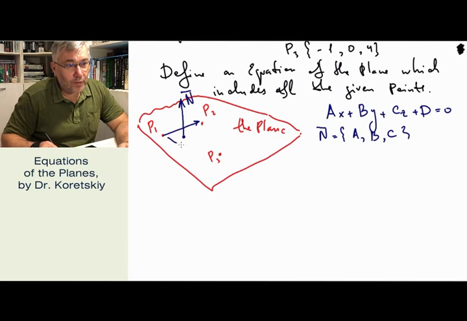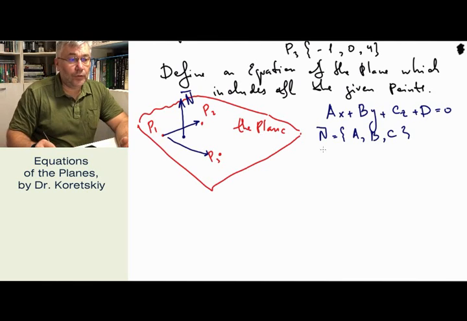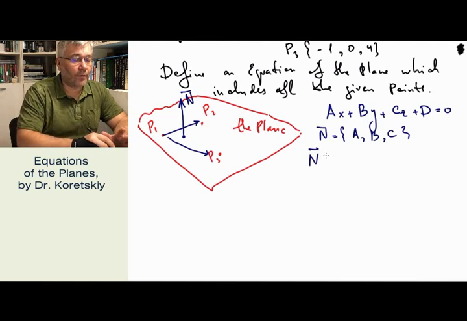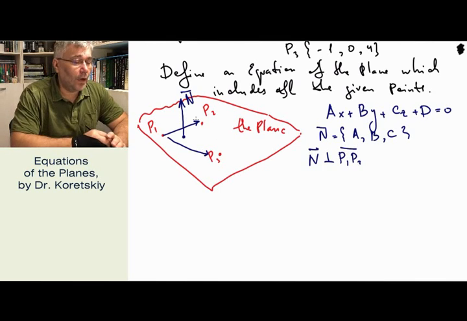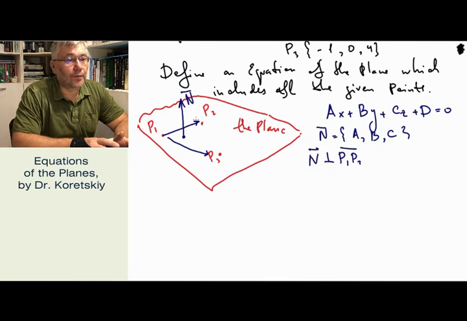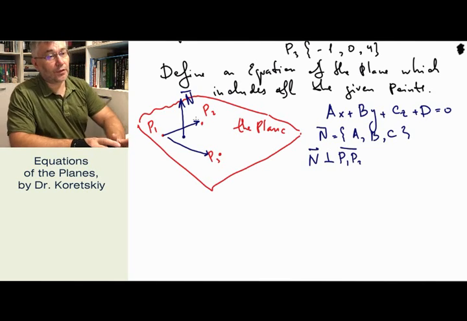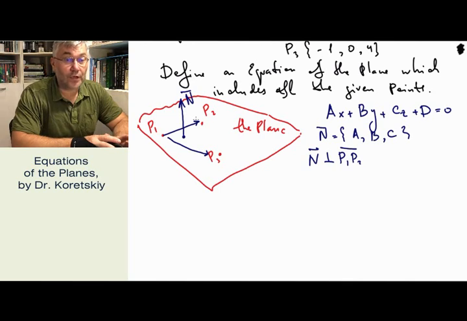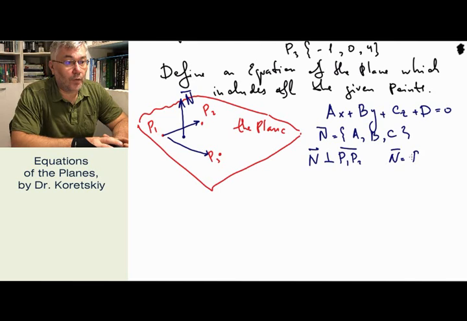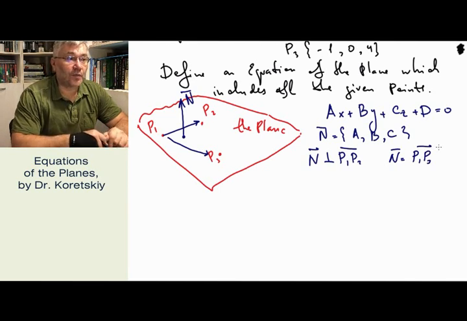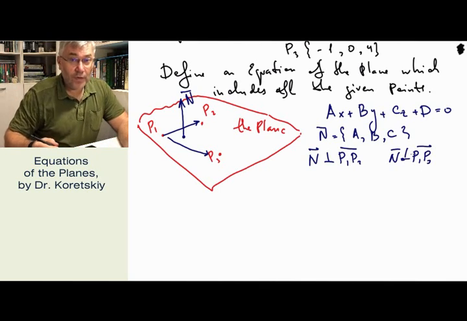And it is also perpendicular to vector P1P3. So how can we find a vector perpendicular to two given vectors? You remember that the way is to calculate the cross product of P1P2 and P1P3. This cross product gives a vector which is perpendicular to both of them at the same time. It's very easy.